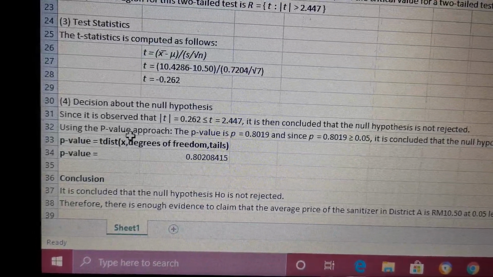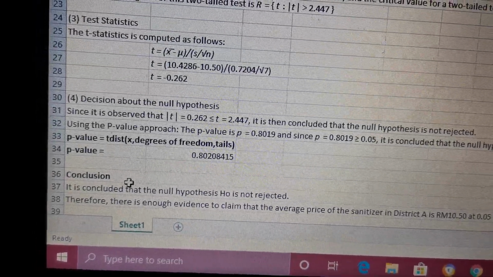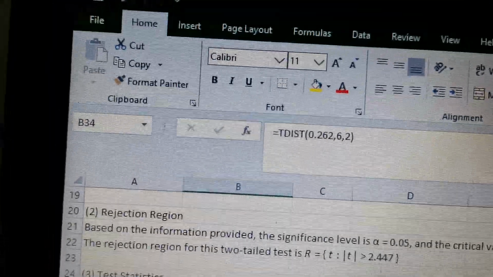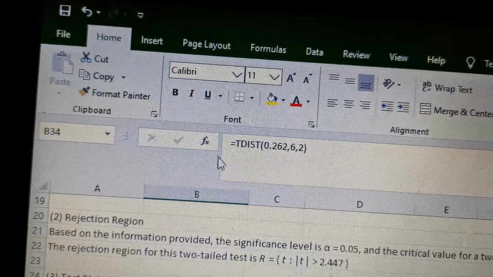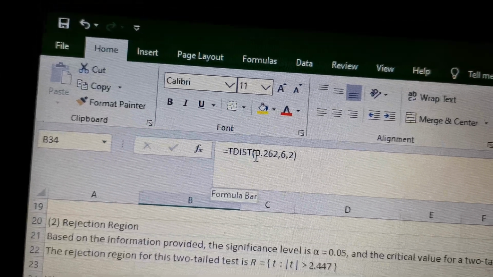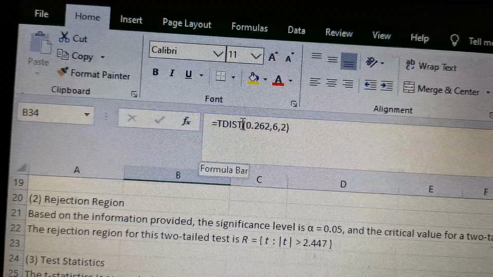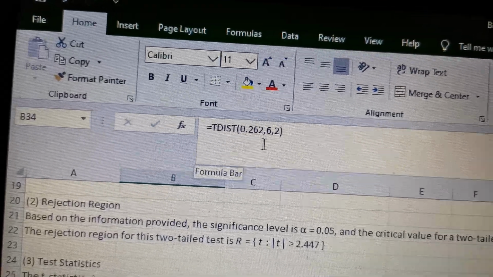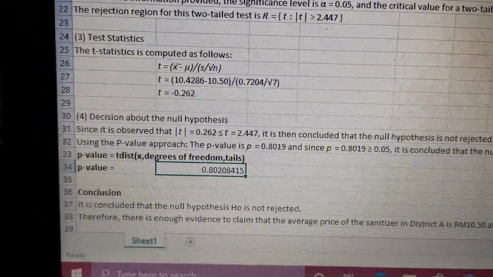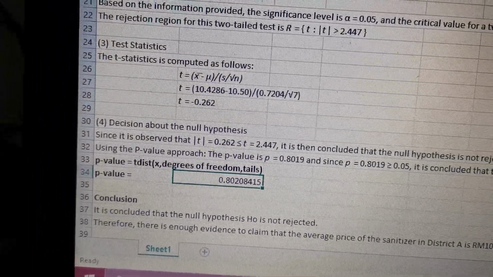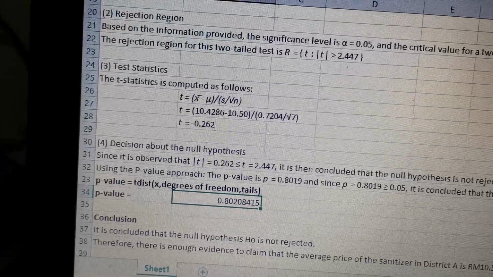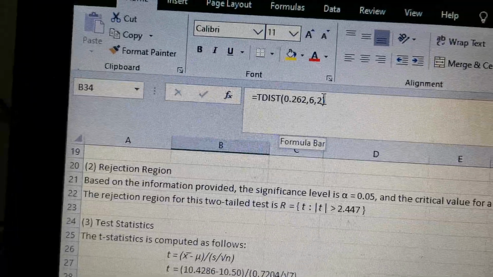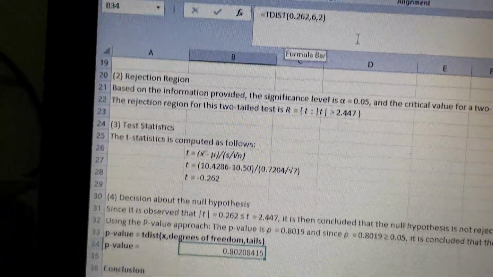The p-value is calculated by using the Excel formula TDIST, open bracket 0.262, where 0.262 is the value of x, comma, the degrees of freedom, which is sample size minus 1, equal to 6, comma, the number of tails, which is equal to 2.